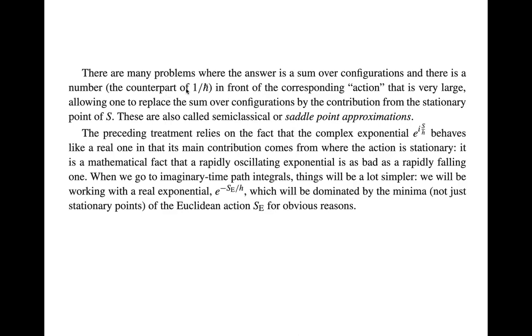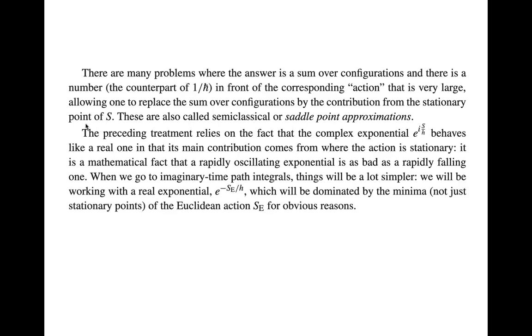So if one replaces 1 over h bar with some big number, because h bar is very small, so 1 over h bar is a large number. If one has the action, there is a prefactor of some number in front, which is very large. One can do a saddle point approximation and replace the sum over configurations by the contribution from the stationary point of S, right?